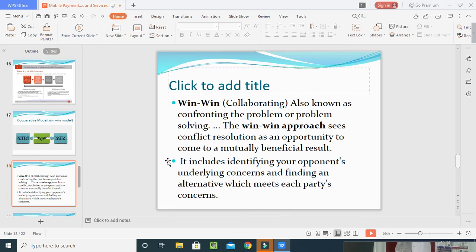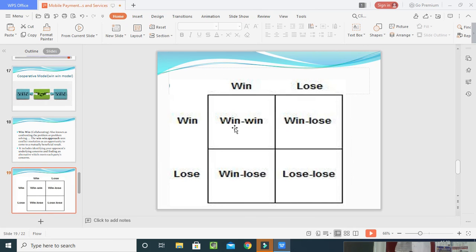It includes identifying your opponent's underlying concerns and finding an alternative which meets each party's concerns. That means, what is the work of this win-win situation? They will identify your and your opponent's mistakes and find the middle way so that both get, or meet, each party's concern. Now, if you see here, this is win-win situation, lose-lose, win-lose.